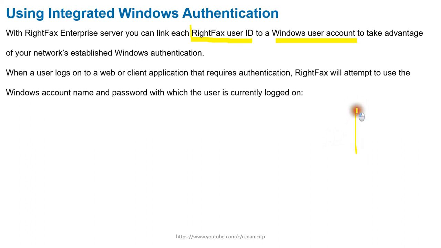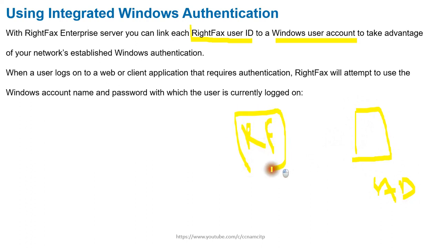For example, you have Active Directory, AD, and you have the RightFax server, RF server. You are accessing this application on one laptop, where the user is logged in as user 1. This is laptop 1. It will take authentication from Active Directory.